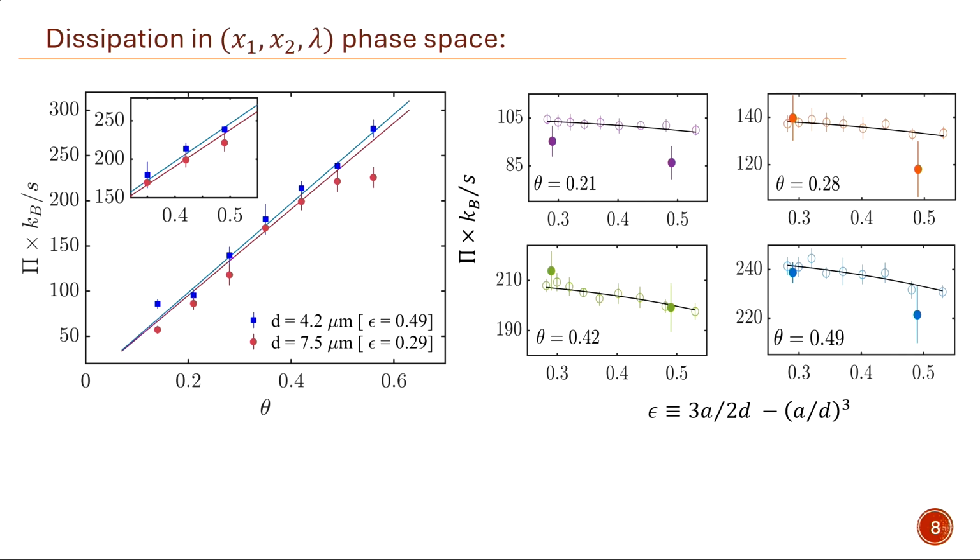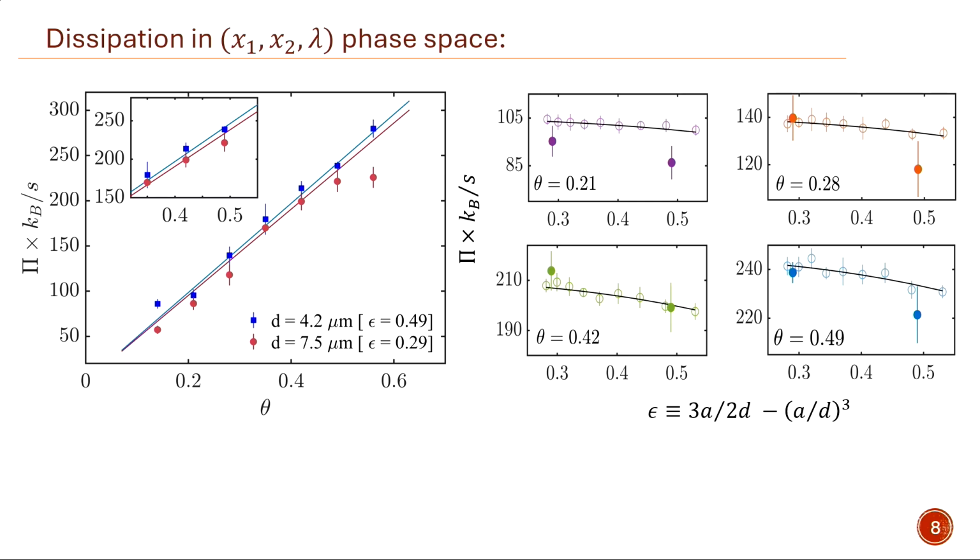We see that for a particular strength of the noise, when the interaction strength is lower, we get a higher entropy production, and if the particles are close by, when the interaction is higher, we get a lower entropy production rate.